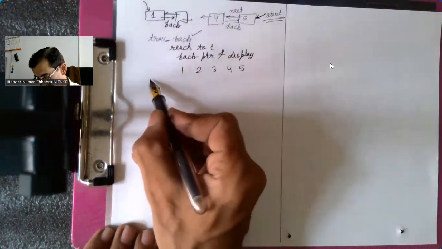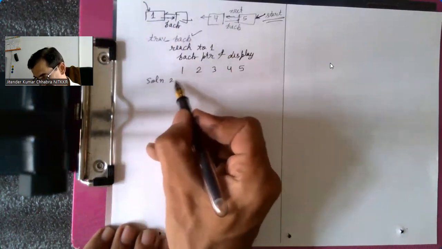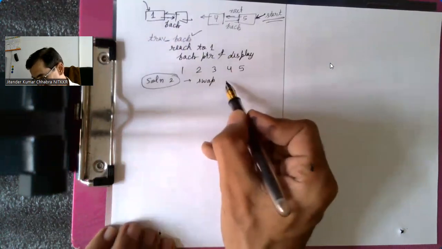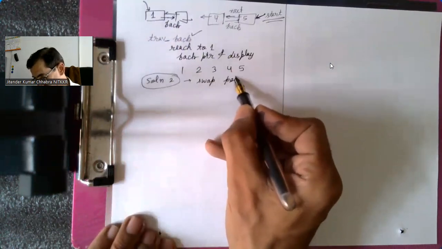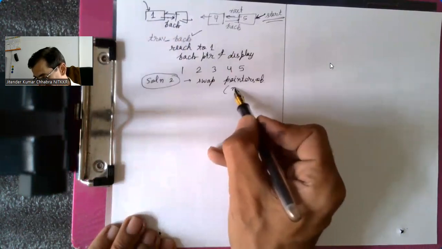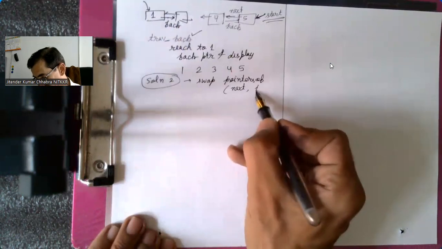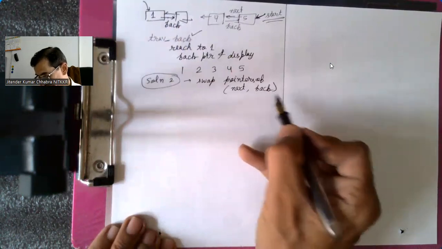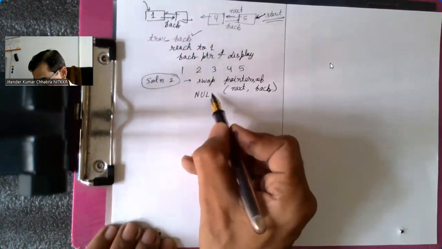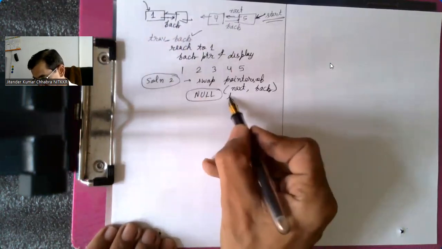So solution 2 effectively meant swap pointers, effectively meaning next and back. And with, of course, null pointers to be taken care of wherever they occur. Null pointers are a special situation, null to be handled.